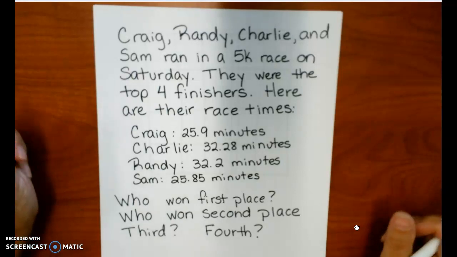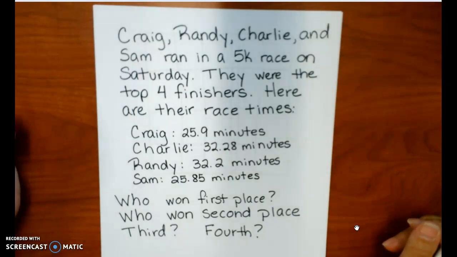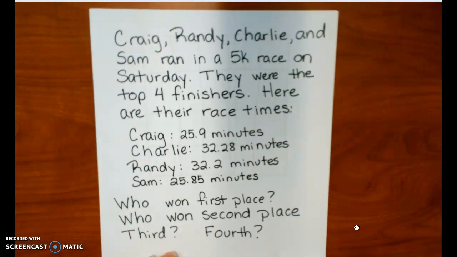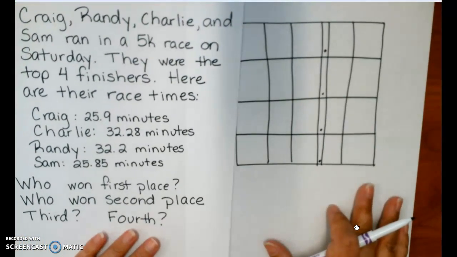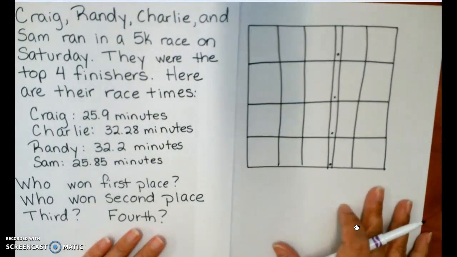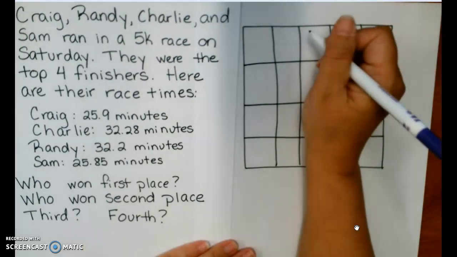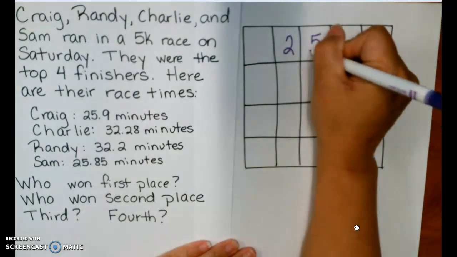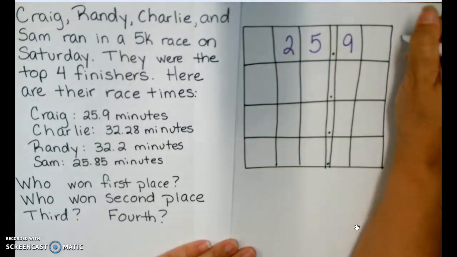Why am I doing that? Because we know that the shortest time means they won first place. So let's take a look. We're going to start putting these in a place value chart. I want you to go ahead and do this with me, because it'll be good practice. So I have Craig at 25 and 9/10 minutes. So there's Craig.